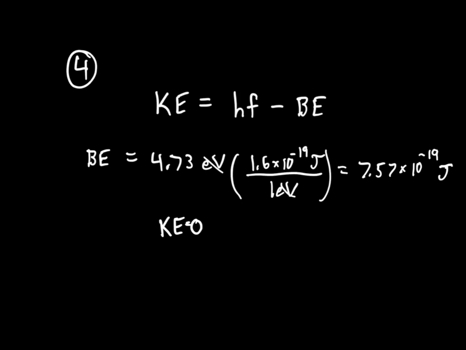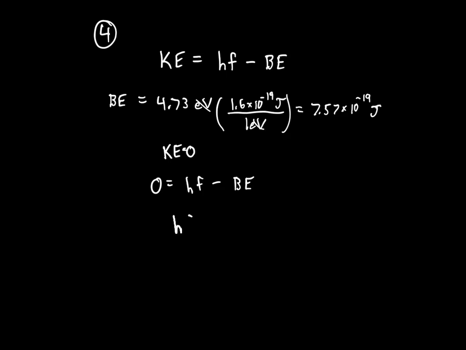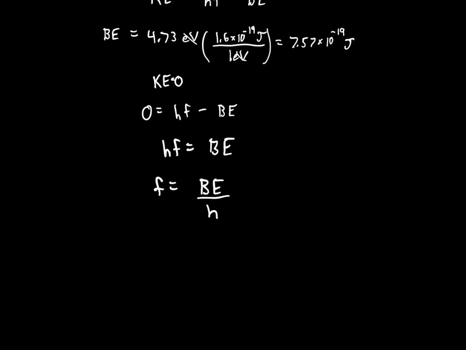So I can plug in 0. 0 equals h times f minus the binding energy. So hf equals binding energy. So the frequency is the binding energy divided by h. I was asked to find the wavelength.